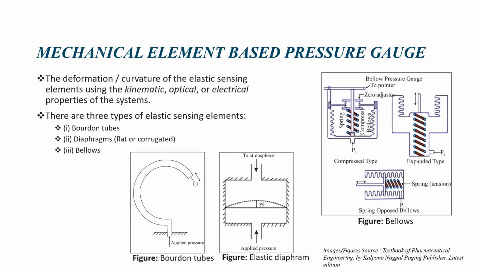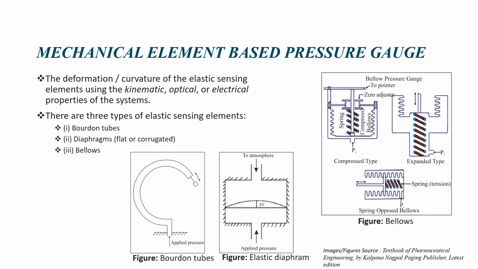They include Bourdon tubes, as shown in the figure here, where we can apply the pressure and accordingly the deformation will be noted down. The more the pressure we apply, the more deformation will be observed in the Bourdon tube. The second subtype is diaphragms, flat or corrugated. If we apply the pressure, this particular diaphragm will get displaced from its position.